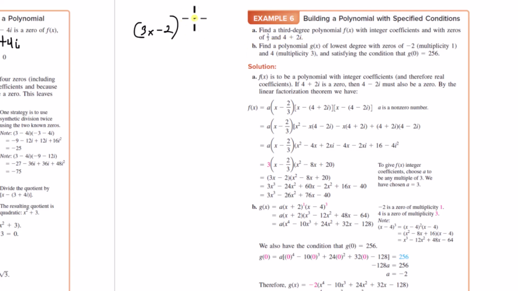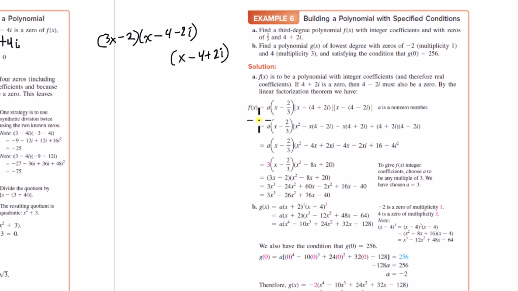One of the zeros is 4 plus 2i, but we know one of the other zeros must be 4 minus 2i. So we write 3x minus 2, x minus 4 minus 2i, and x minus 4 plus 2i, and then you multiply all that out.